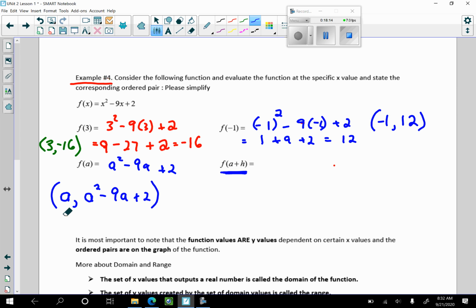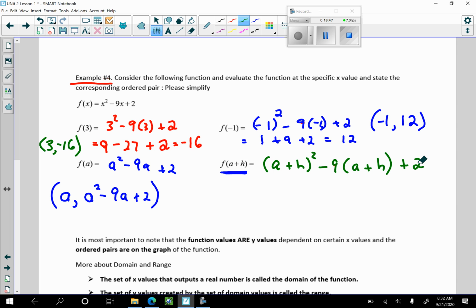This rascal is going to be a bit more complicated to figure out, what the simplification of f of a plus h is. So wherever I see x, I'm going to put a plus h. I'm going to be very careful with my parentheses. I'm going to go a plus h squared minus 9 times a plus h plus 2.